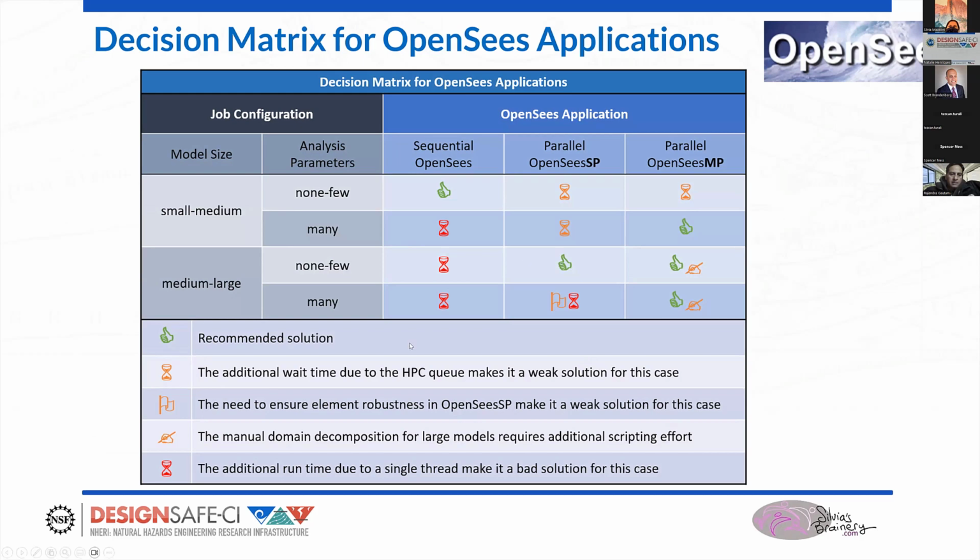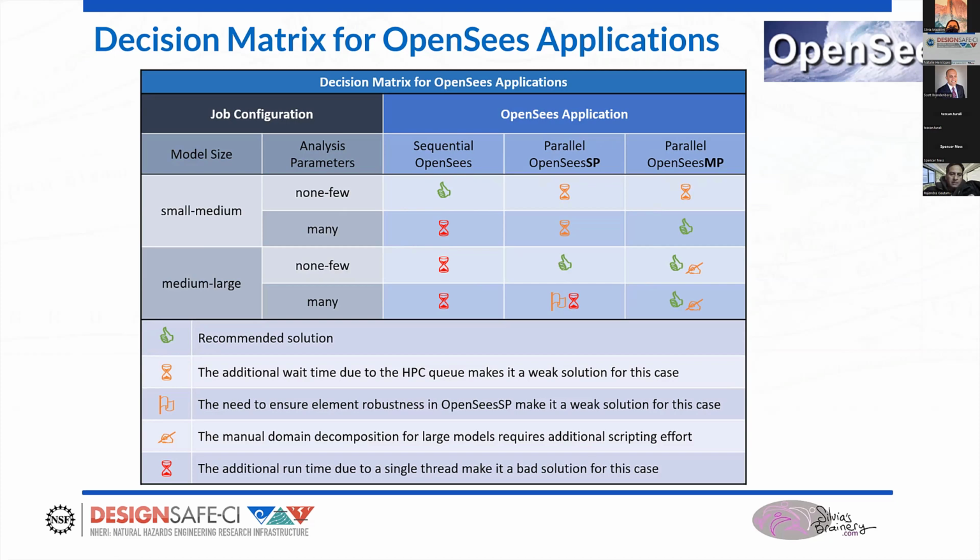So on the left-hand side, you have your job configuration, right? We're talking about model size, as well as the type of analyses you're running. And then on the right-hand side, the different comments and recommendations as to how each one of these applications should be used. So for example, if you've got a small to medium model with very few analysis parameters, stick with the sequential OpenSees.